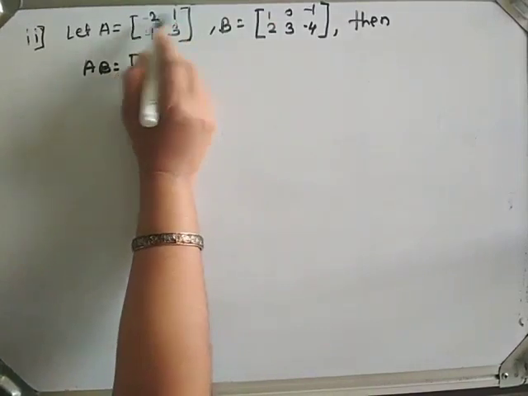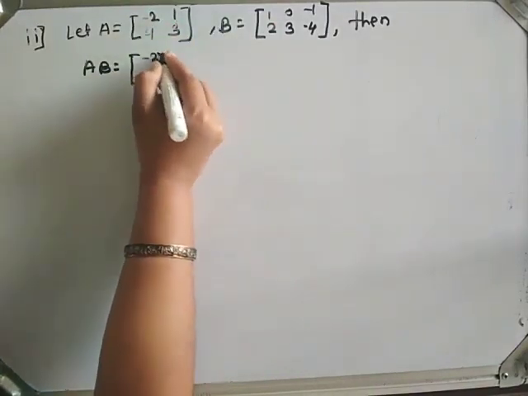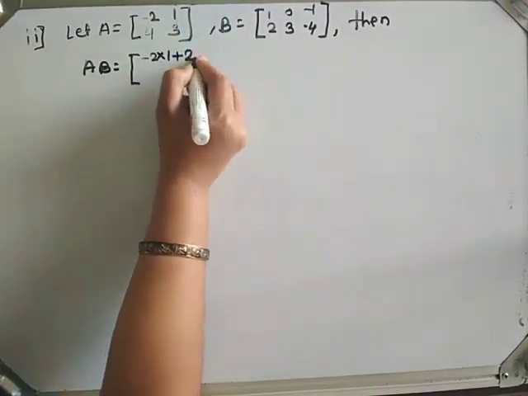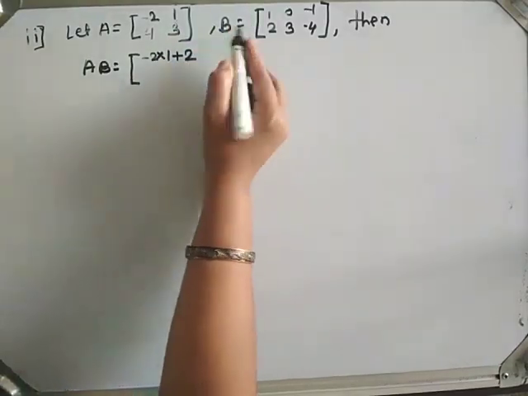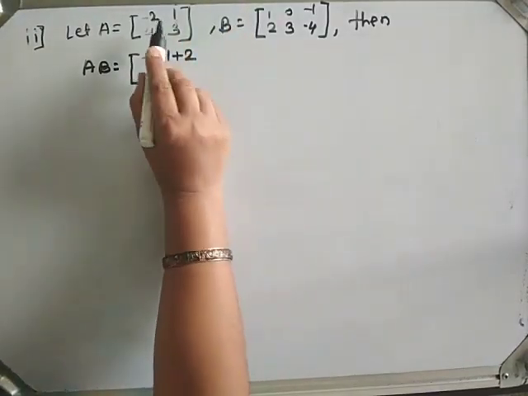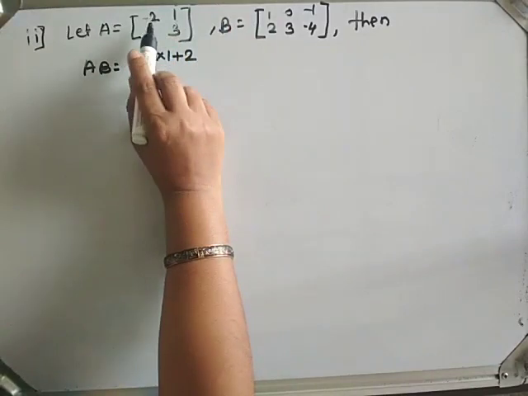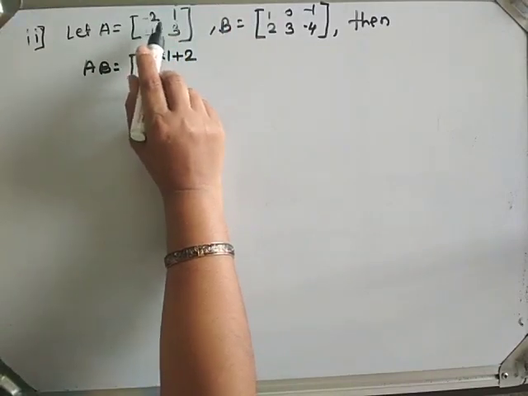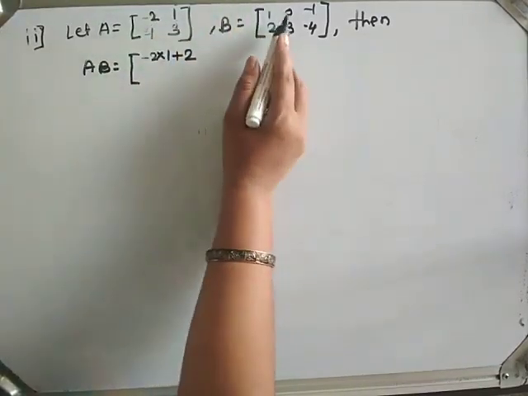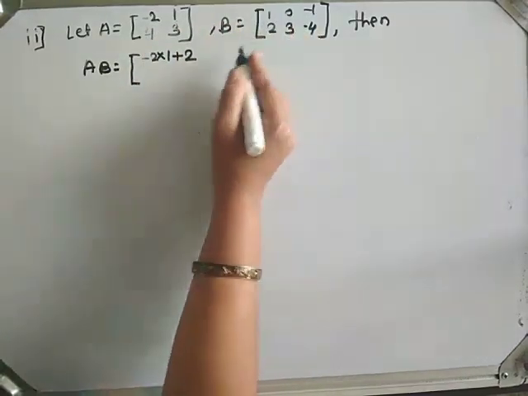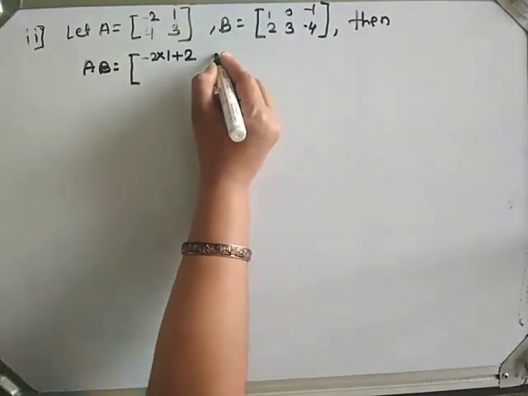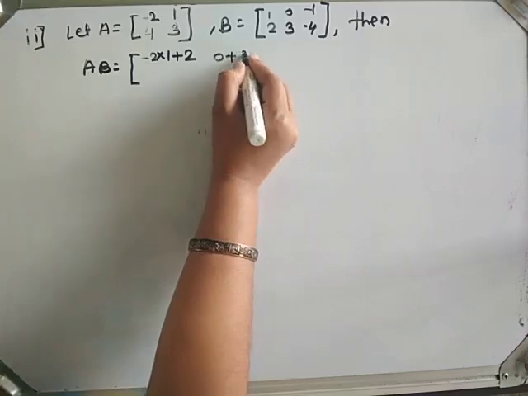That is minus 2 into 1 plus 2. For the next entry we have to multiply the corresponding entries of the first row of A and the second column of B. That is minus 2 into 0, 0 plus 3.